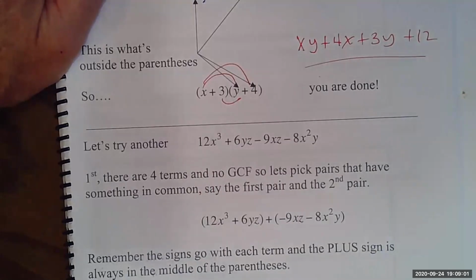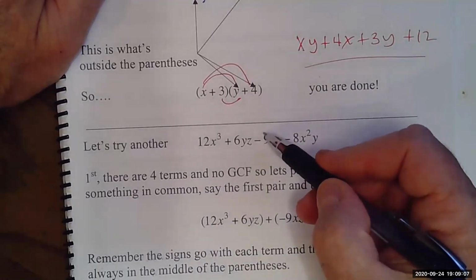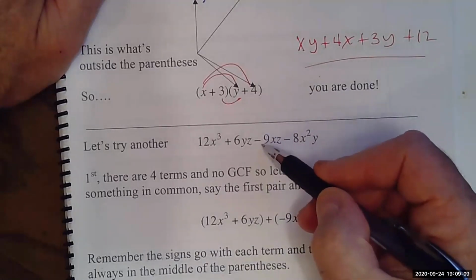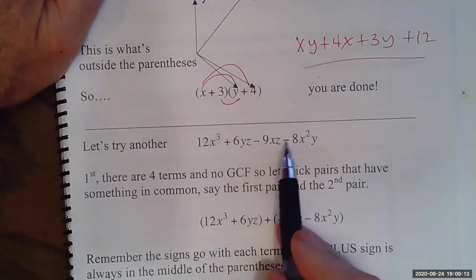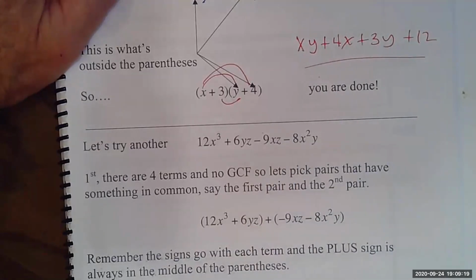So we pick pairs. We're going to try the grouping. Here's the thing you don't want to do: you don't want to put a parentheses around there, because if you peel that off, you forgot to peel that one off. Don't do that. What I'm suggesting is to grab a pair.